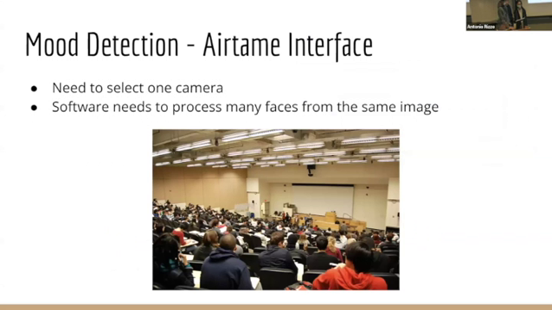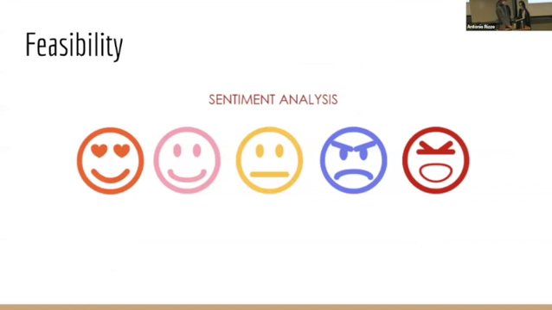Some limitations are that you would need to select one camera, and if you ever want to use it in an auditorium or large classroom, your software will have to be able to process this at a large scale with many faces at once. To actually achieve these, it can be hard to detect whether a student is really trying to raise his or her hand just by camera.